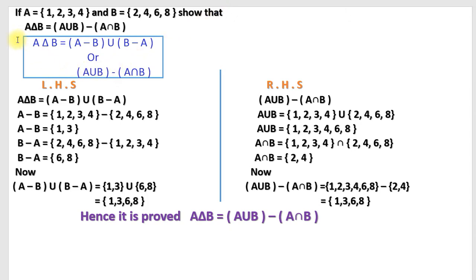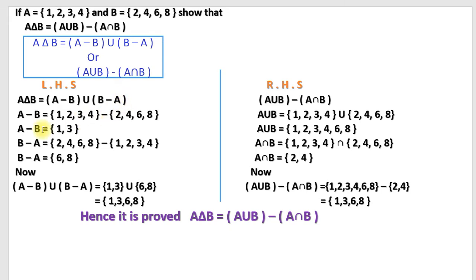The question is A symmetric difference B equals (A union B) difference (A intersection B). So first we are going to solve A symmetric difference B on the left hand side. In the previous class I told you there are three methods to solve it. A symmetric difference B is equal to (A difference B) union (B difference A).